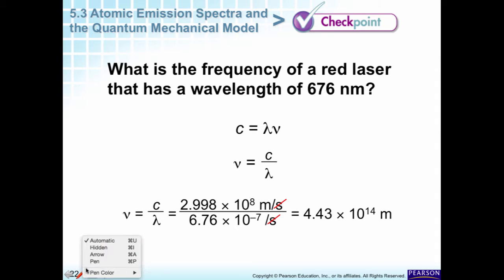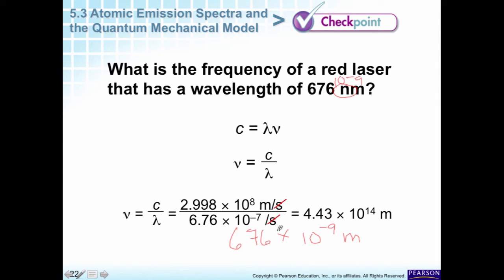What is a nanometer? So I would probably have written it this way to start with. I would have written 676 times 10 to the minus 9 meters, because nanometer means 10 to the minus 9.